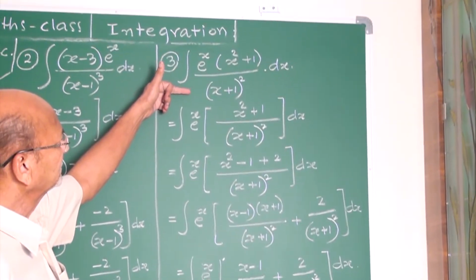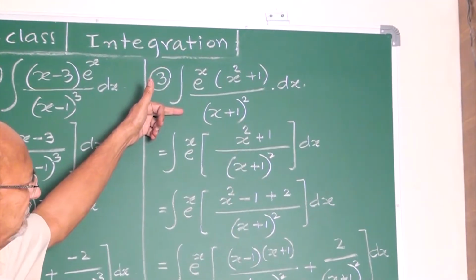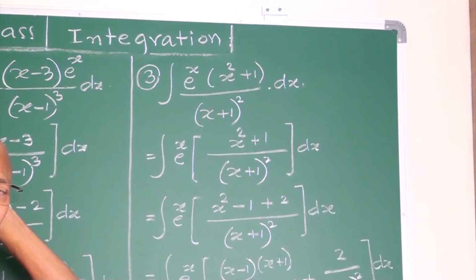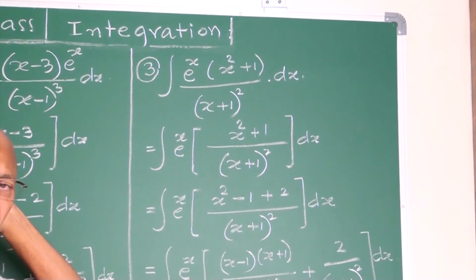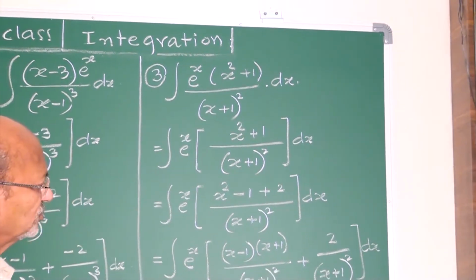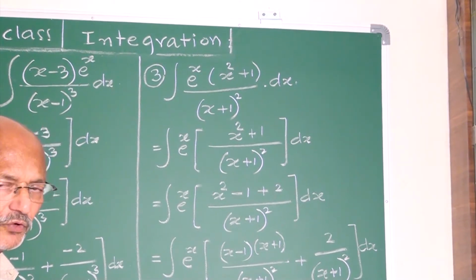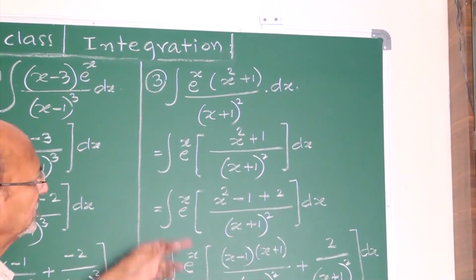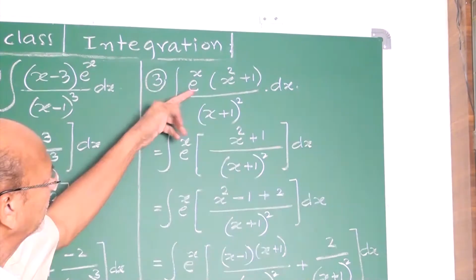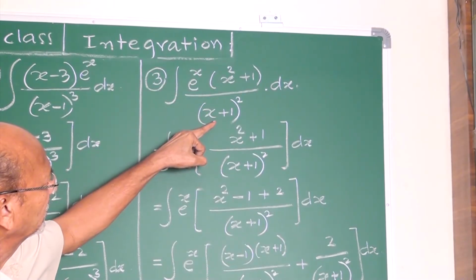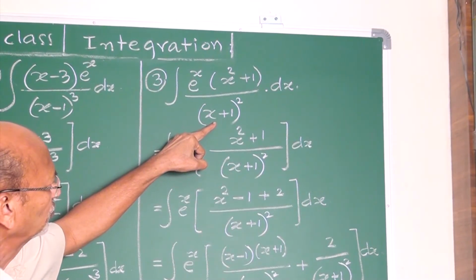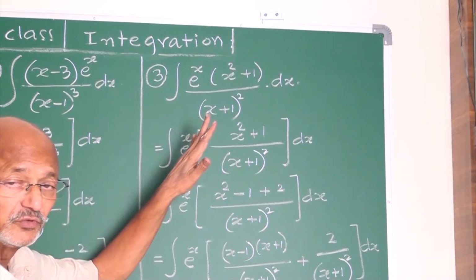This is another example, my friends. Anyway, I have not taken any risk leaving any examples. If it is not fit under 2 marks, you may fit under 3 mark questions. Yes. E to the power x into x square plus 1 upon x plus 1 the whole square. It is there. We have done it for the main exam only.